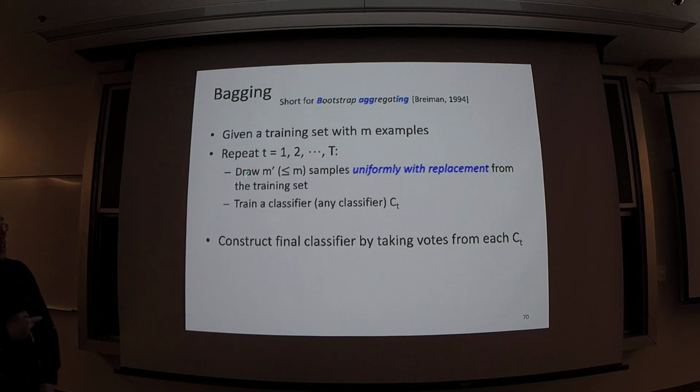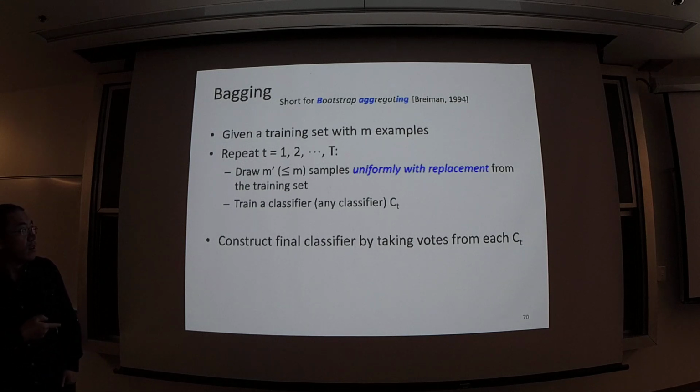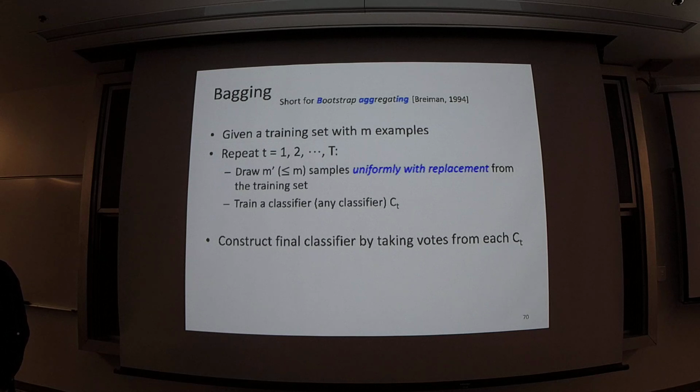That means in each iteration, the set of sampled examples for training your classifier can be duplicated. Why? Because I can sample example 1 the first time, right? And next time, example 1 still has an equal chance to be sampled with all the other samples. So it's possible that sample 1 will be duplicated twice, right?